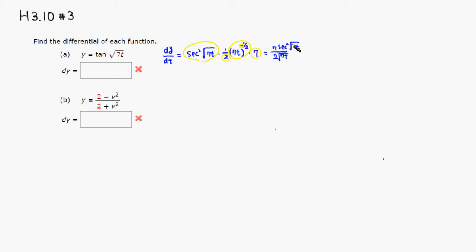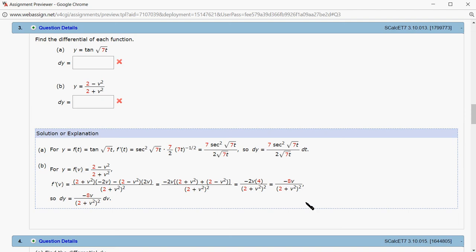Alright, so then we just have to multiply both sides by dt. So dy is going to be equal to 7 secant squared of square root of 7t over 2 times square root of 7t. Alright, so let's type this guy in.